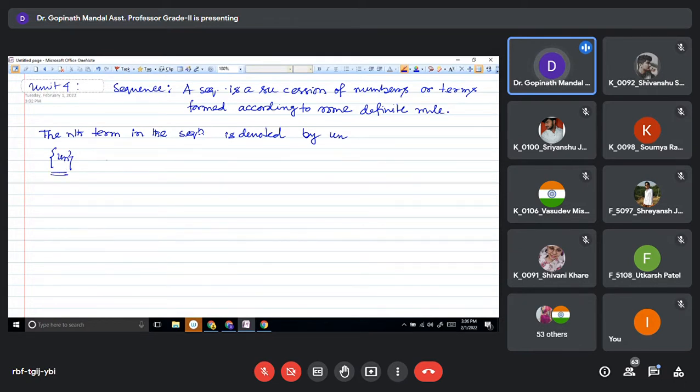This is a sequence. That means there are some numbers or terms. Which terms? u1, u2, u3, u4, and up to infinity. Infinite numbers.